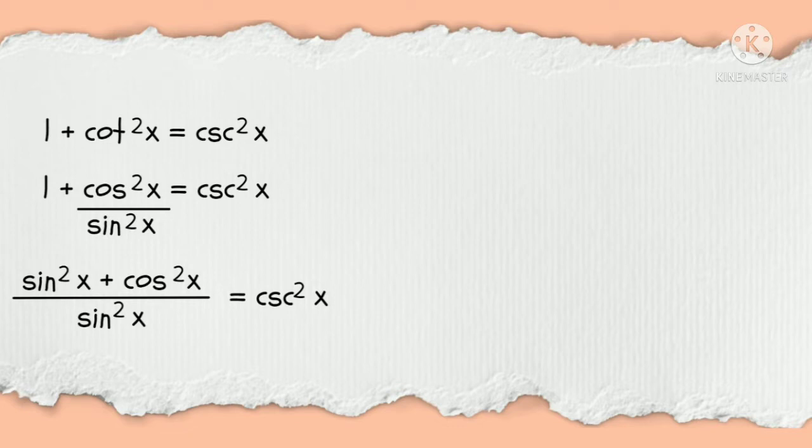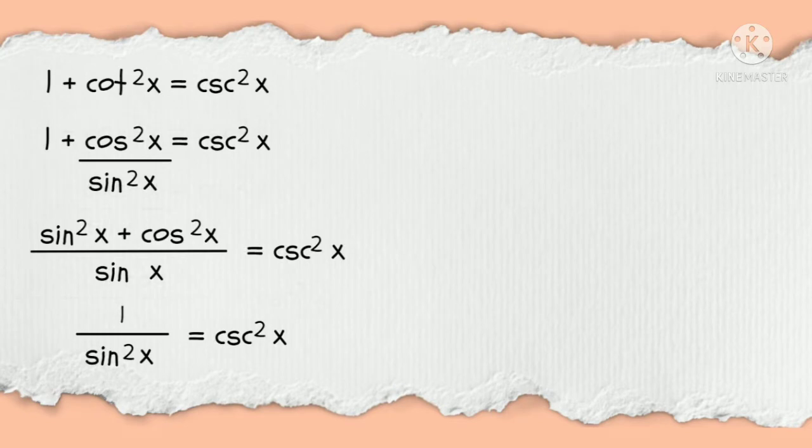The next thing to do is to look at the numerator. Can we find something in the identities that is equal to sine squared theta plus cosine squared theta? Yes! Based on the Pythagorean identity, sine squared theta plus cosine squared theta is also equal to 1.